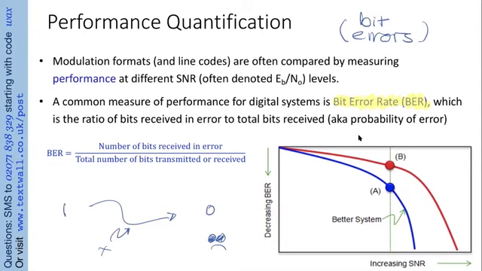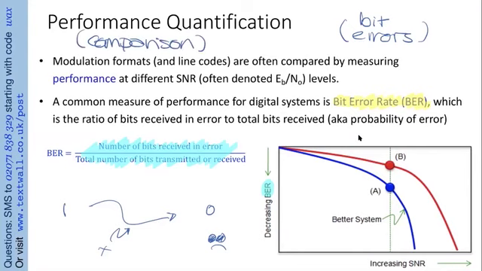And by quantifying that, by creating a ratio between how many bits we receive in error to the total number of bits, we have this figure called the BER, the bit error rate. It's a very common measure to compare digital modulation schemes. So it's used for comparison purposes, right?